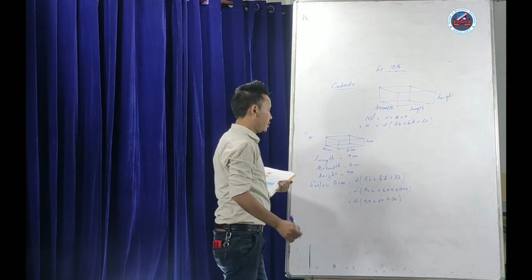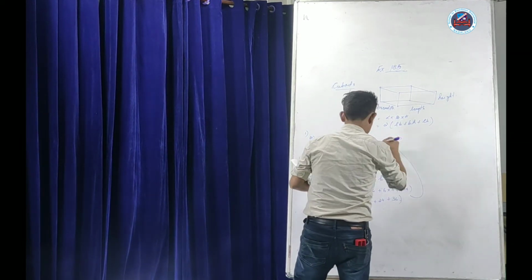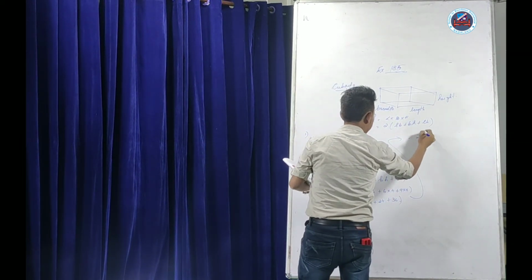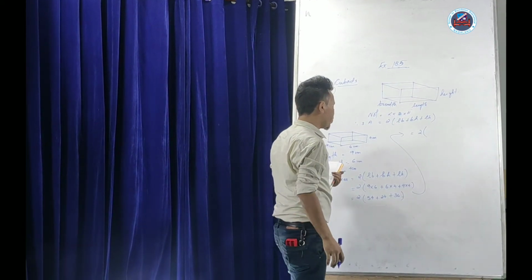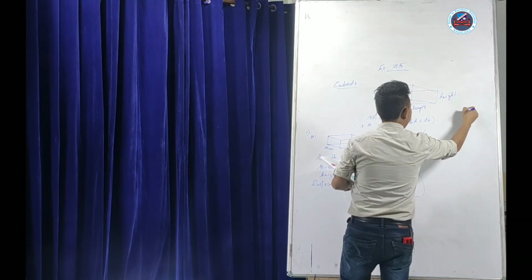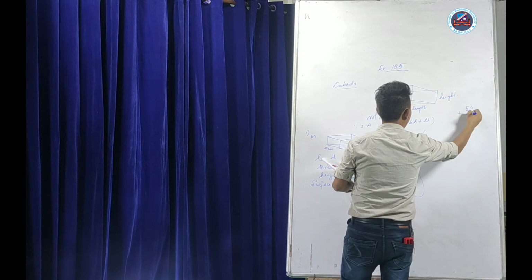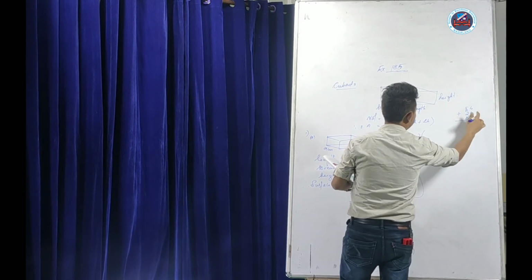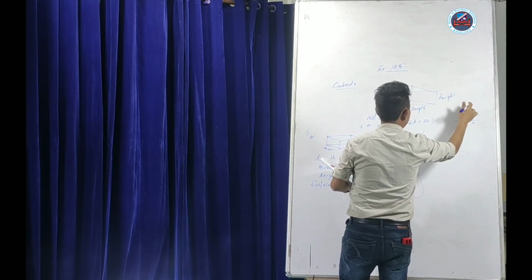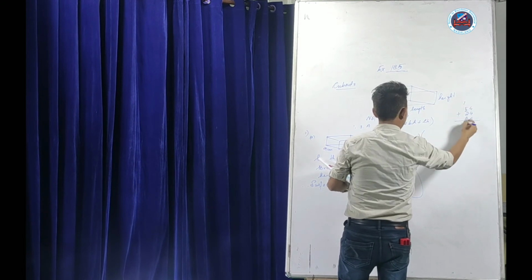Clear? So that gives us twice 54 plus 24 plus 36. 54 plus 24 plus 36 is 114.